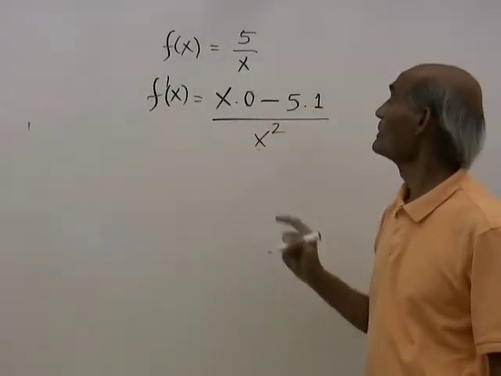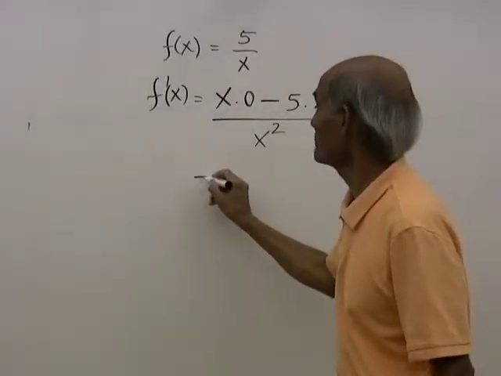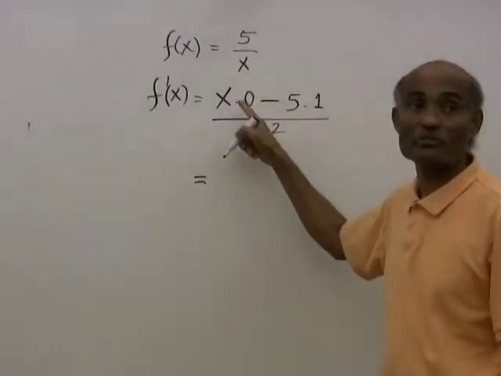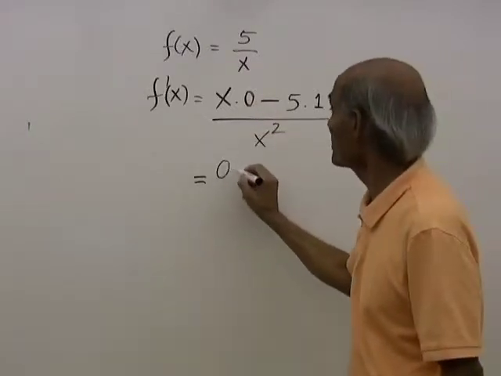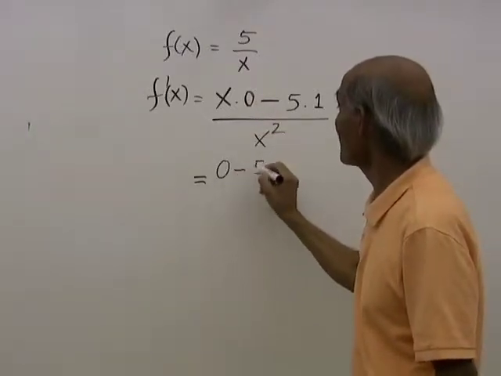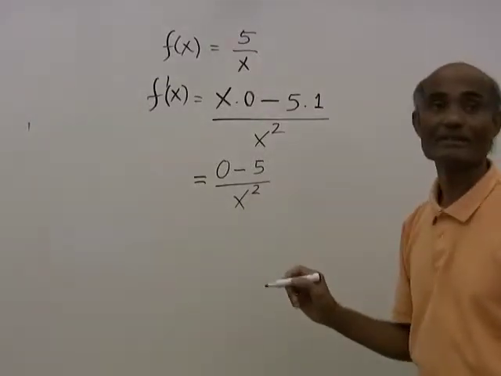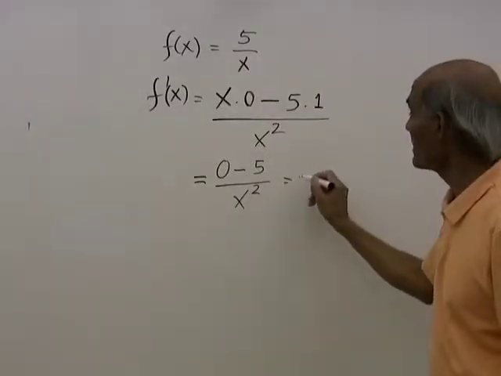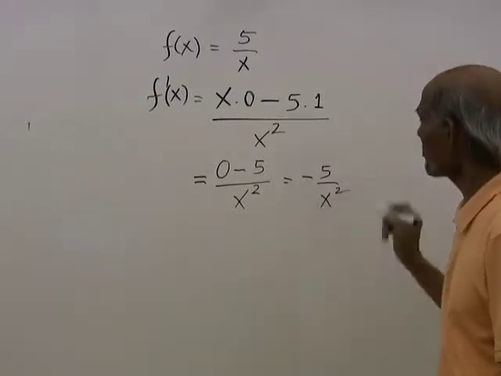All over the square of the denominator. What does that give you? X times 0 is 0. So that will be 0 minus 5 divided by x squared. And that will be negative 5 over x squared. Is that right?